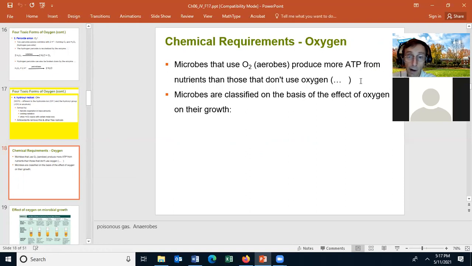And those we call anaerobes. The reason for that is aerobic respiration is the most efficient way for generating ATP. And so aerobes produce more ATP from a molecule of glucose than an anaerobe.